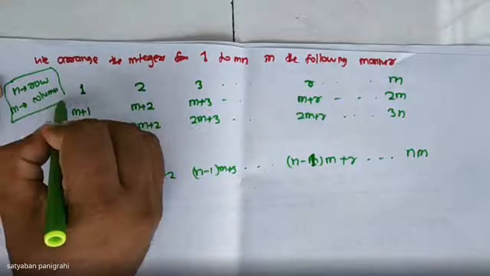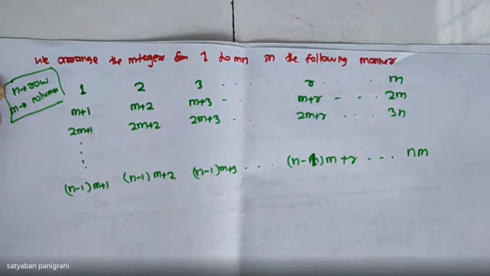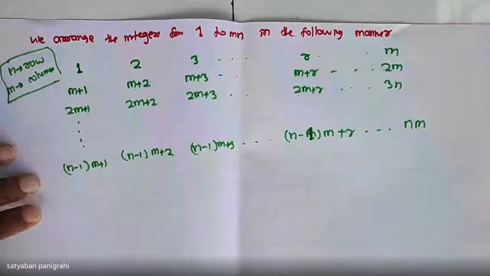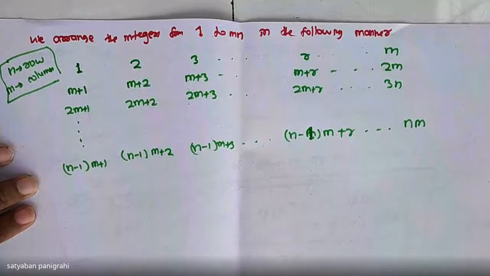Okay, now from here, what we have to find? We have to find phi of mn. Yes or no?